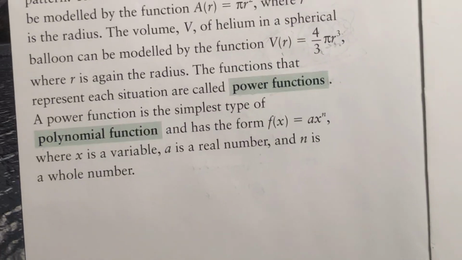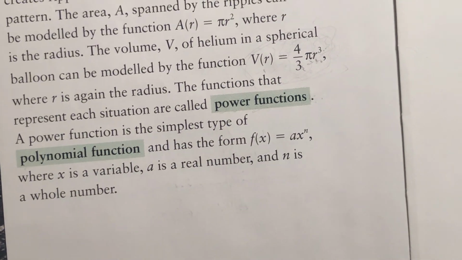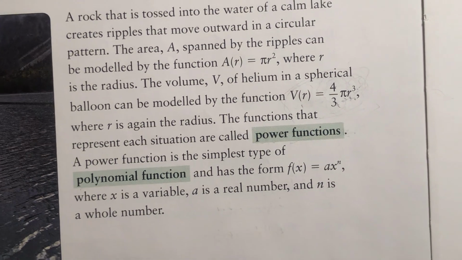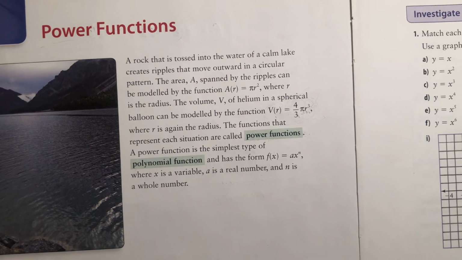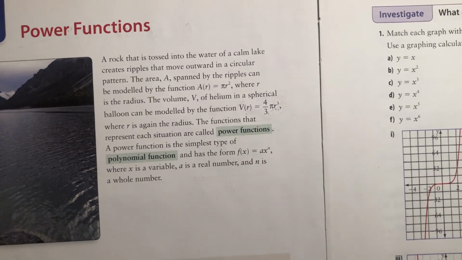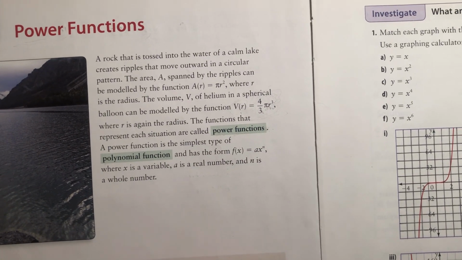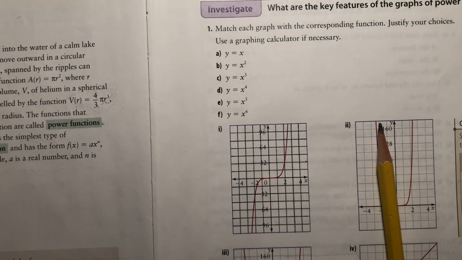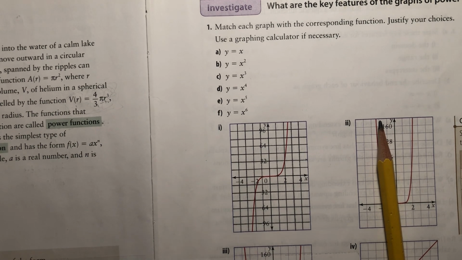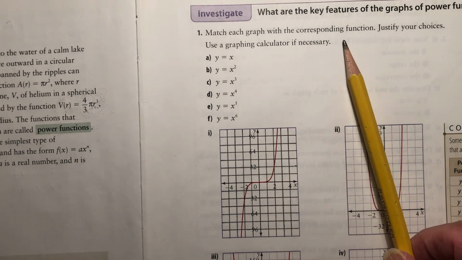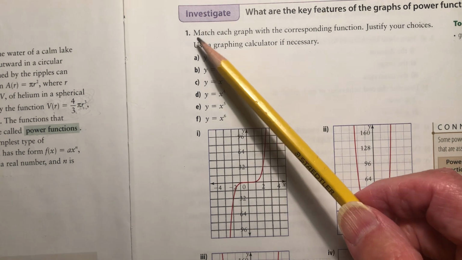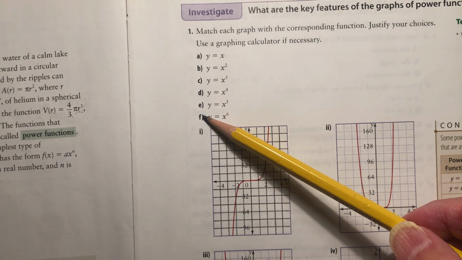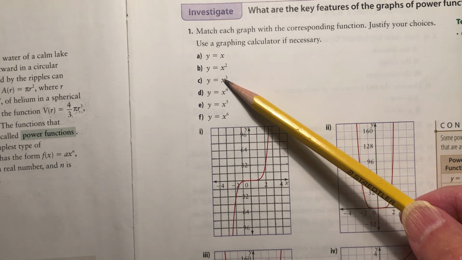Next, we have some investigation. Here, in this investigation, I have A, B, C, D, E, F. I have 1, 2, 3, 4, 5, 6.